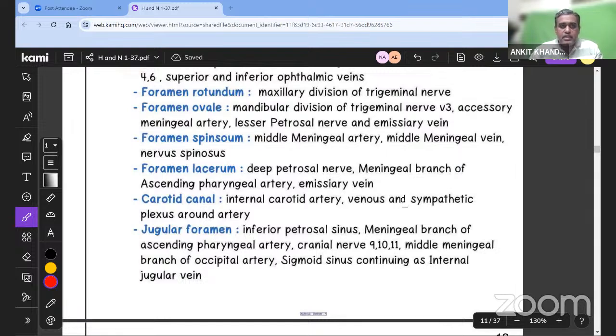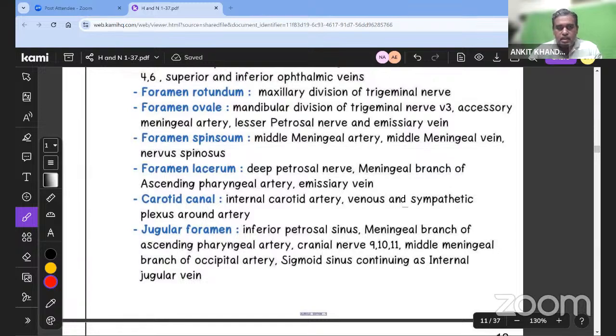This is the anterior aspect, that is the posterior aspect. You're looking at the right half of the cranial fossa; the left half is cut off. This area is the anterior cranial fossa. This is the middle cranial fossa, and behind you can see the foramen magnum, that is the posterior cranial fossa.